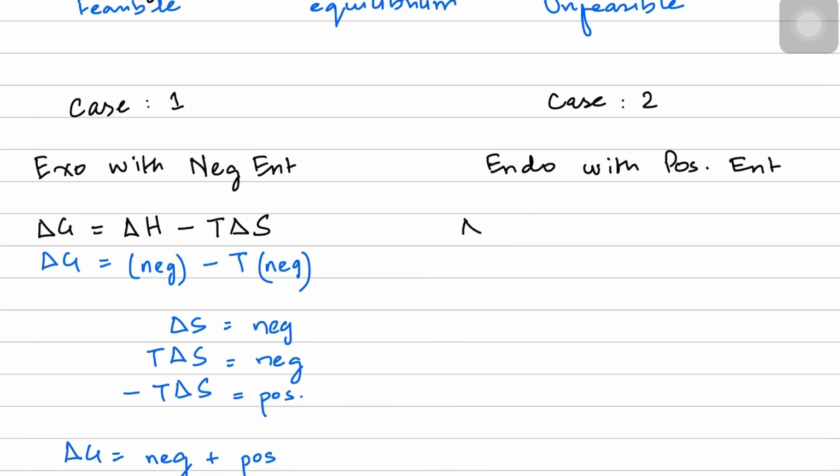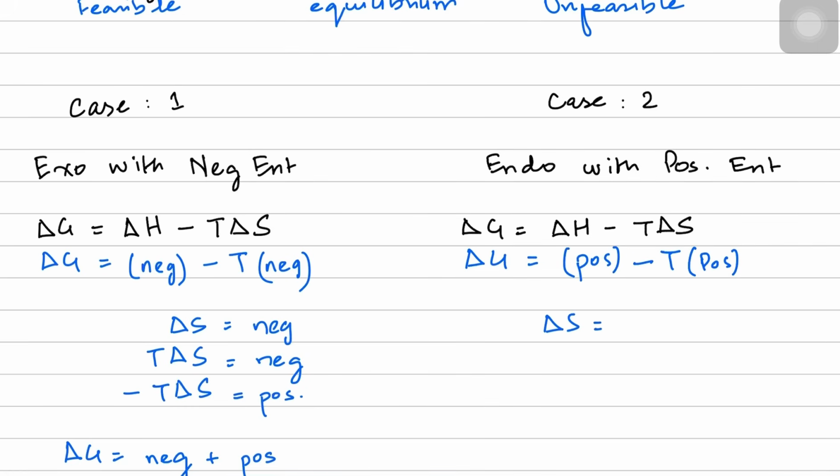Let's come back to the equation delta G is equal to delta H minus T delta S. If the entropy change is positive, T is there because of the equation, minus because of the equation, and endothermic reaction means that positive enthalpy is here.